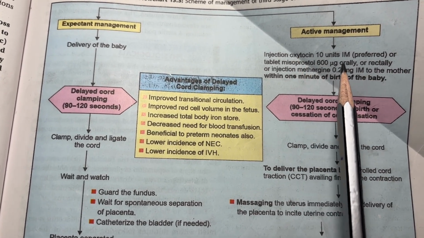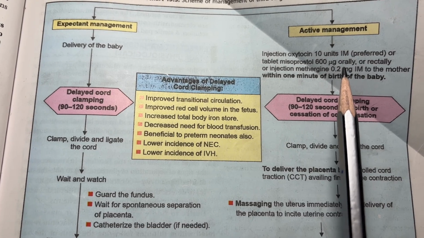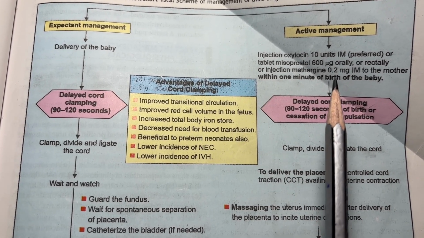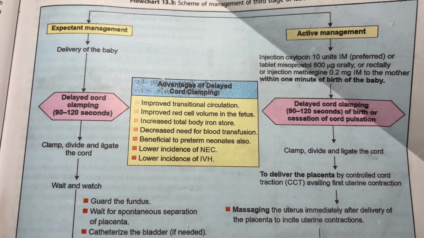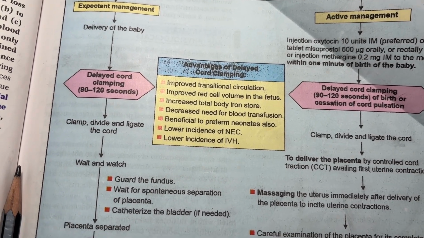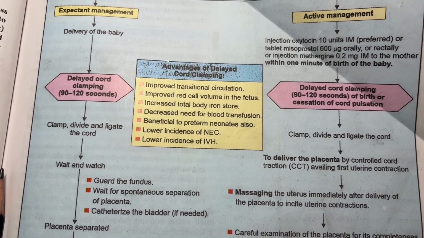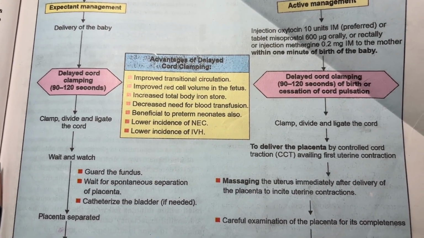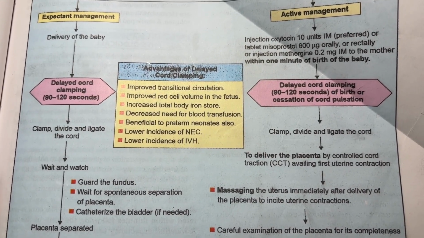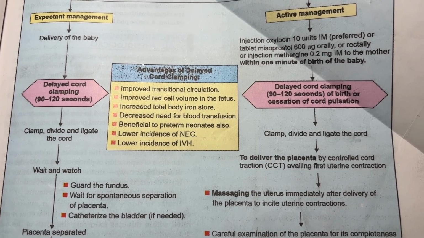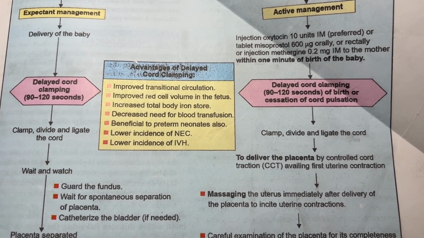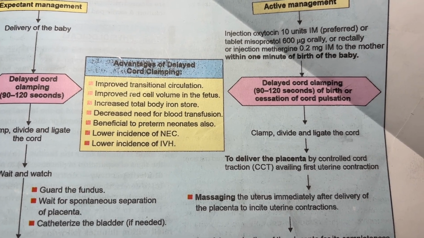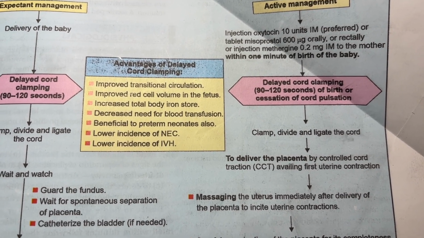Within how many minutes? 1 minute. Within 1 minute of birth of the baby, we have to give the mother injection oxytocin 10 units IM, or misoprostol 600 micrograms orally or rectally, or injection methergine.